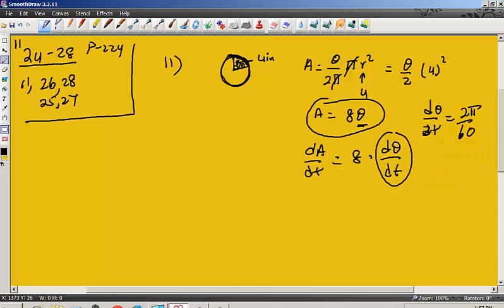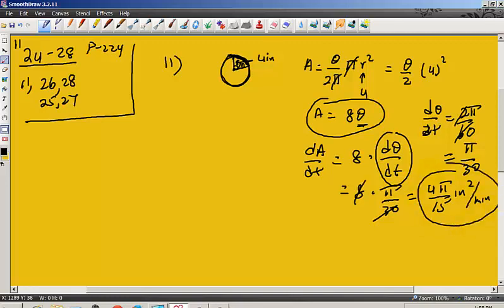Okay, so that is going to be pi over 30. So we're going to put pi over 30, 8 times pi over 30, and that reduces to 4 pi over 15. Okay, this would be inches squared per minute. Got to make sure you put the units.